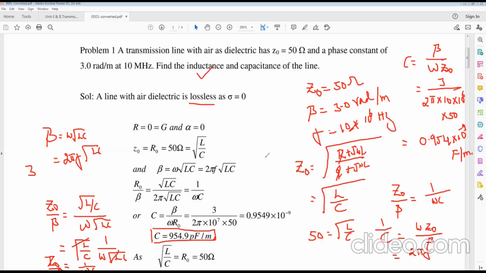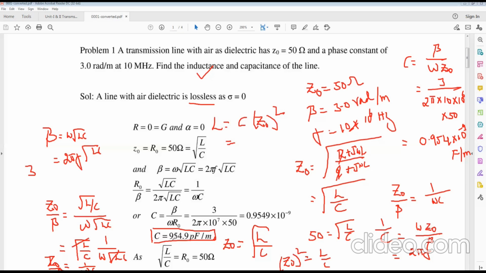Another one, you have to find out the inductance. What is the inductance? Root L by C is equal to Z naught. Okay, Z naught square is equal to L by C, and L is equal to C into Z naught square. What is the C here?